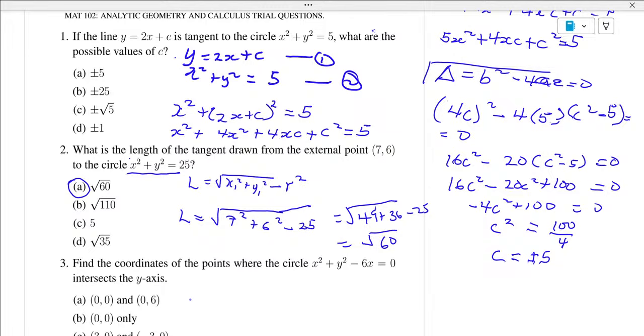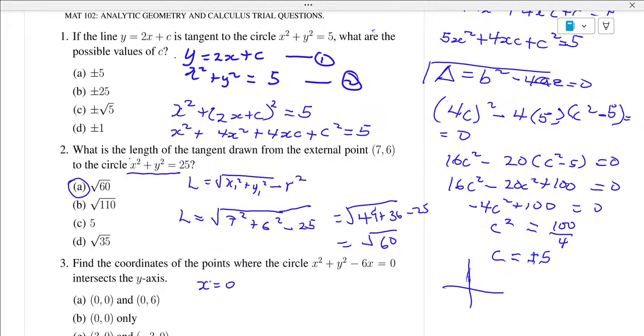We know that any point lying on the y-axis has an x-coordinate of 0. So in that case, x is equal to 0.